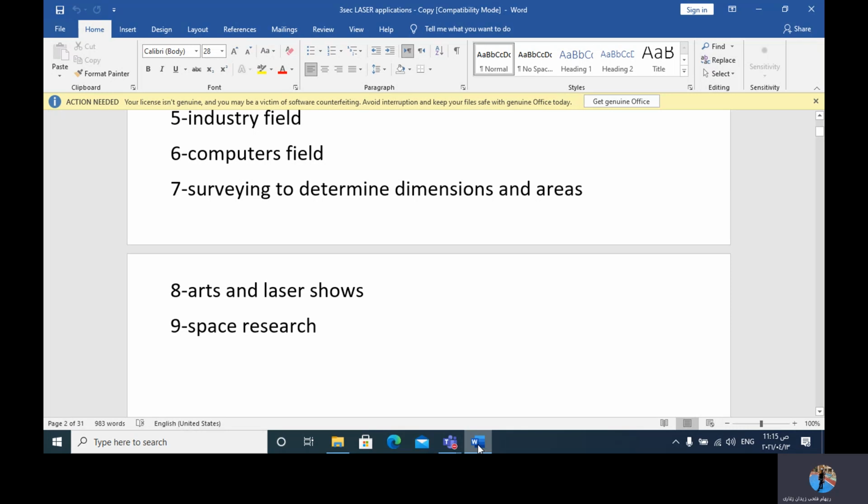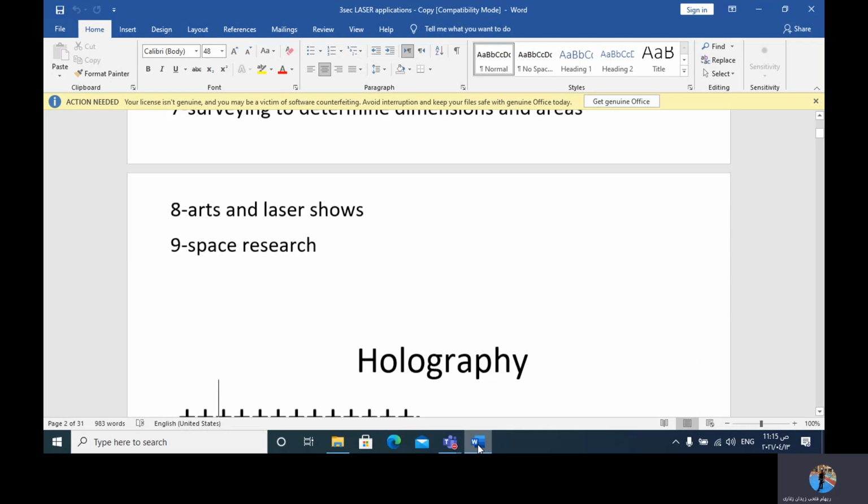So laser as a theory has many applications. We don't take laser just to know the theory, but also to understand that it has many applications in life and in many other fields.